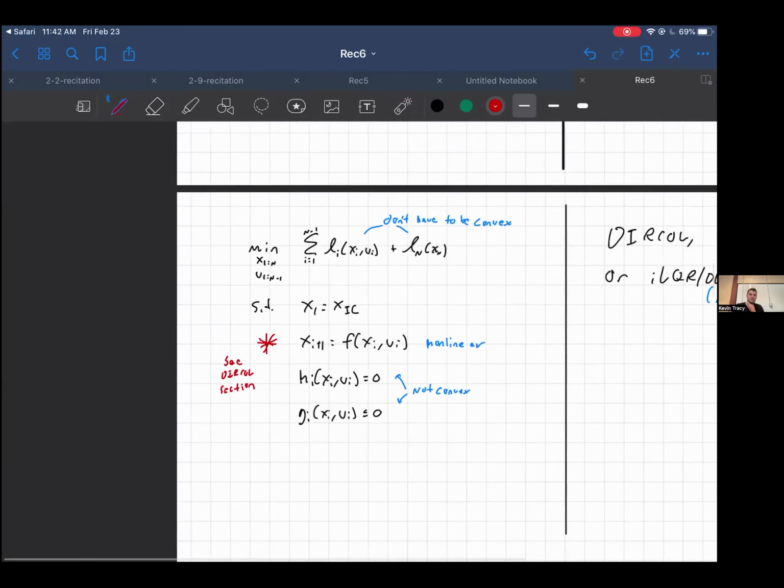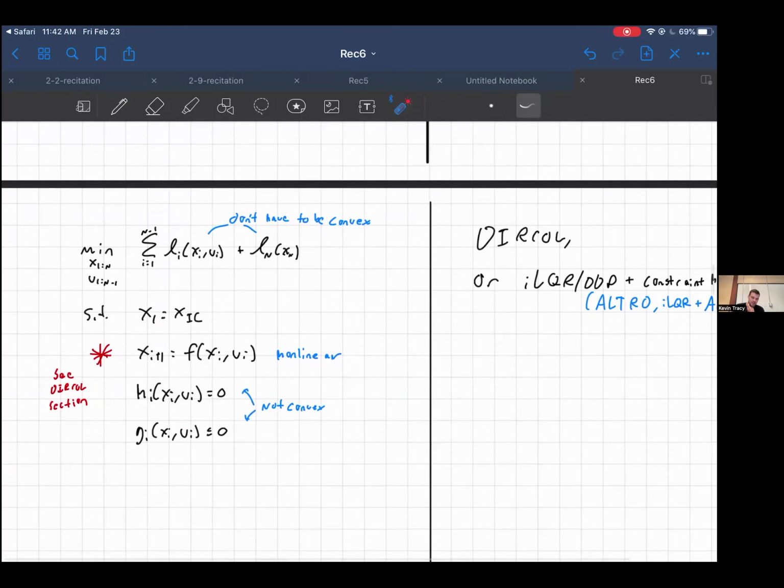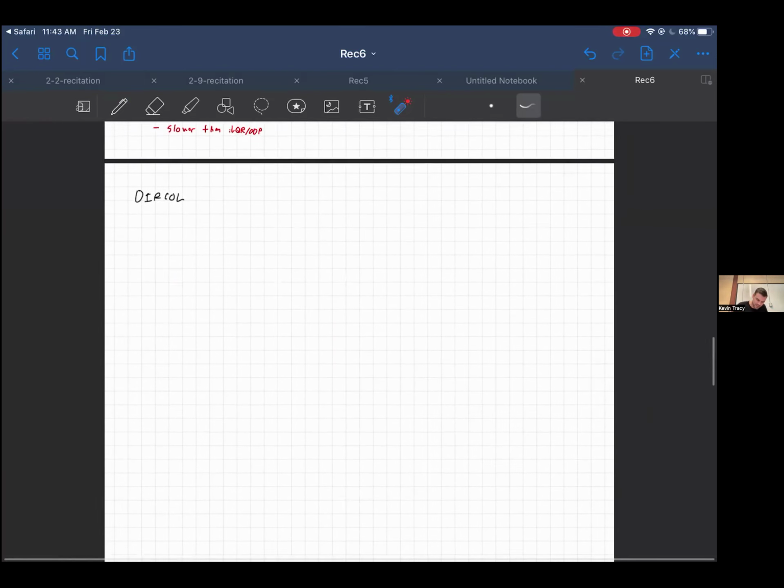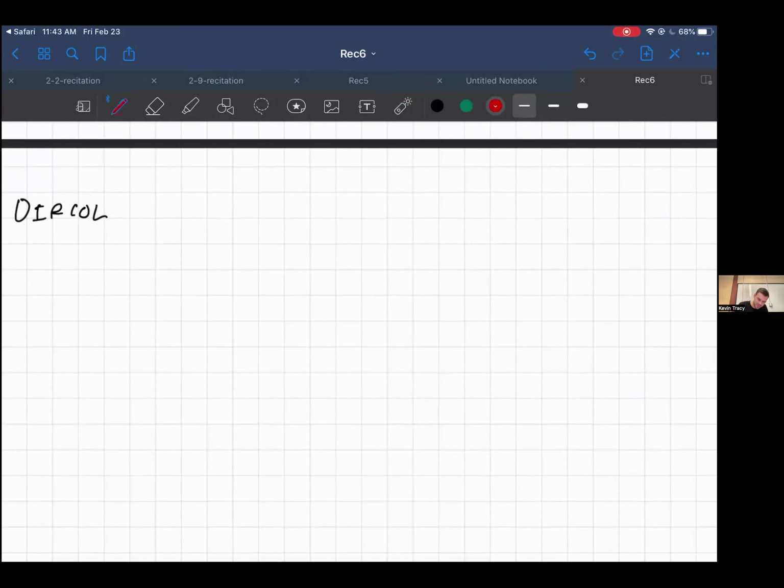The reason why is because here, the way I wrote this, if I write down my integrator like this, it must be an explicit integrator. If I have a function that takes in x and u and returns the next x, this is by definition an explicit integrator. I get inputs, I turn the crank, I give you an output. Whereas an implicit integrator has to satisfy some residual function, and we use Newton or a root finding method to do that. So now let's talk about DIRCOL, and let's talk about this problem setup.